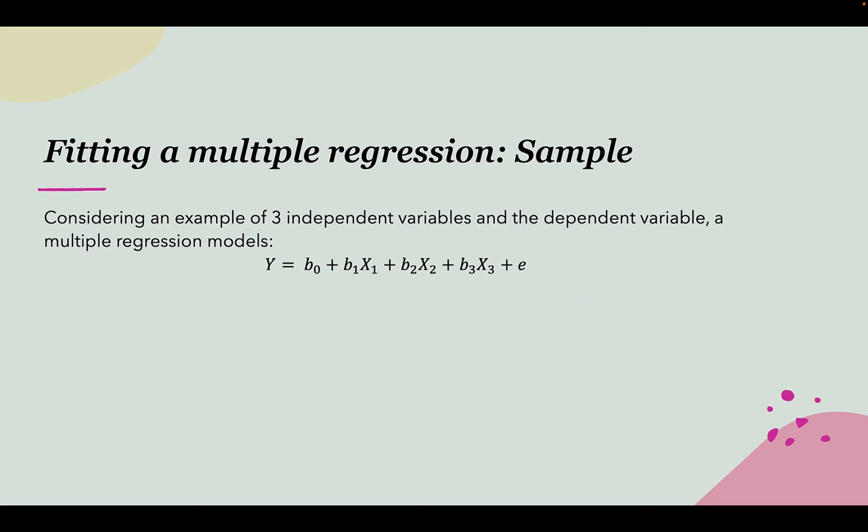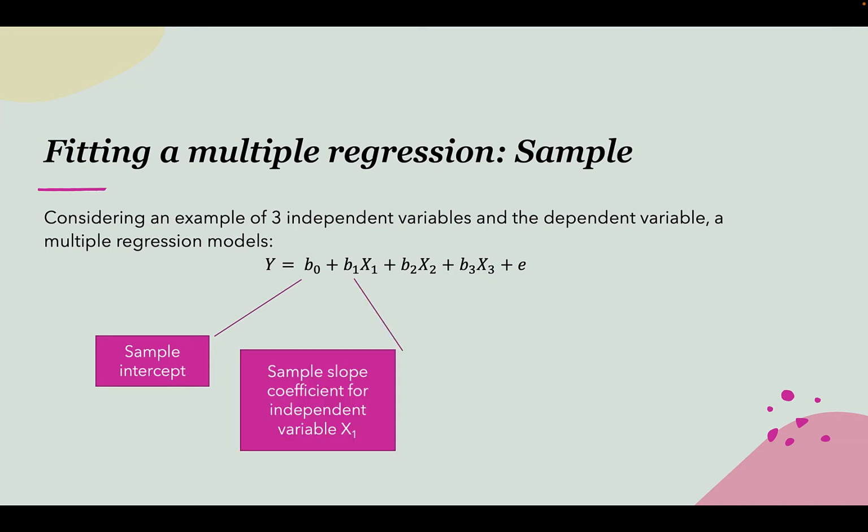All right, and so then for our sample drawn from our population, we have our multiple regression line where we have our statistics, now in terms of lowercase b's and little e, that are estimating the beta and the epsilon parameters. And so we have b0, which is our sample intercept, b1, which is the sample slope coefficient for the independent variable x1, and the same with b2 and b3 for the independent variables x2 and x3 respectively.